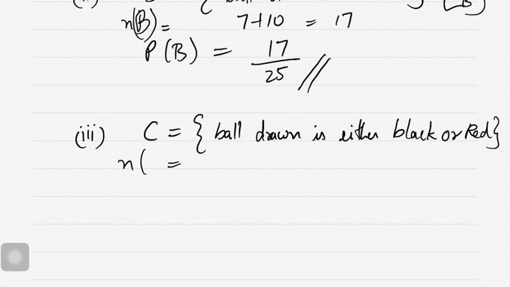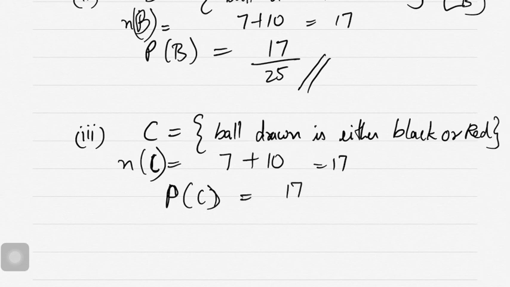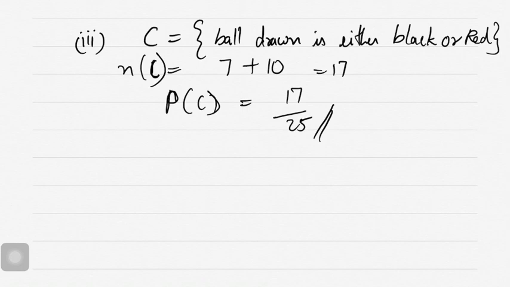Either black or red. So there are chances that a black or red ball is selected. So yeah, N of C will be again 7 plus 10, which is 17. So P of C will be 17 by 25.